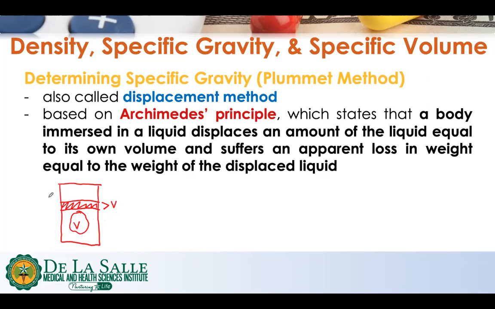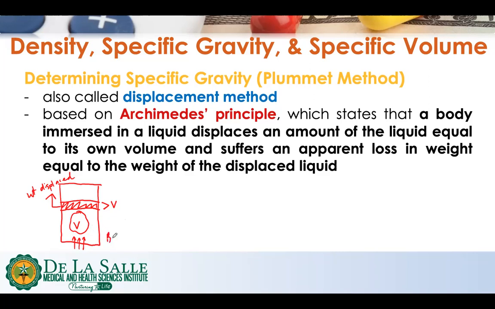And the weight of the displaced liquid is the same as the apparent loss in weight in the substance that is immersed in it. Now, why is there a decrease in the weight of the substance that is immersed in a liquid?